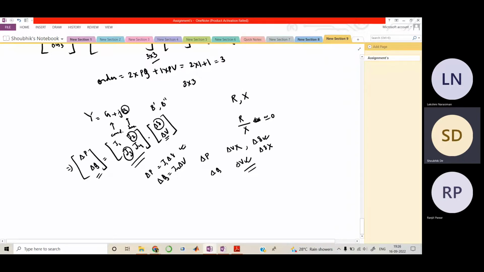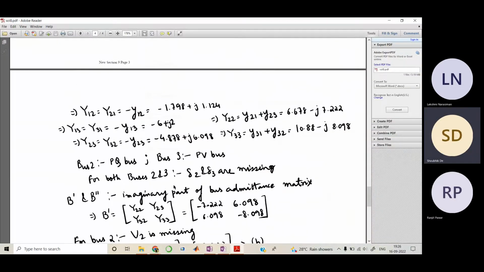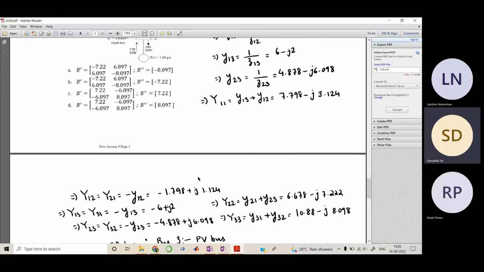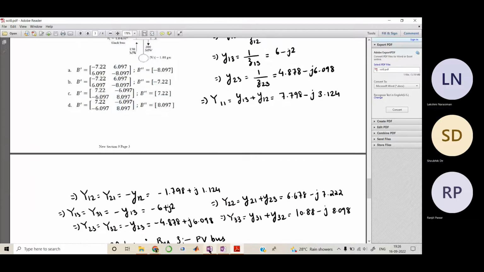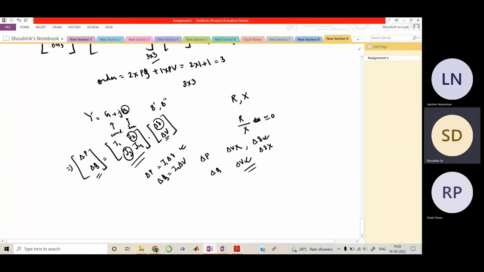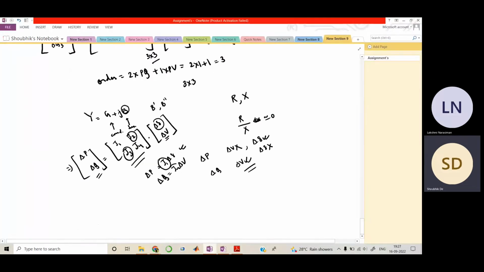That is why I have written this statement that for both buses 2 and 3, delta 2 and delta 3 are missing. Now this B dash matrix is basically the matrix related to J1, and this B double dash matrix is related to your J4.